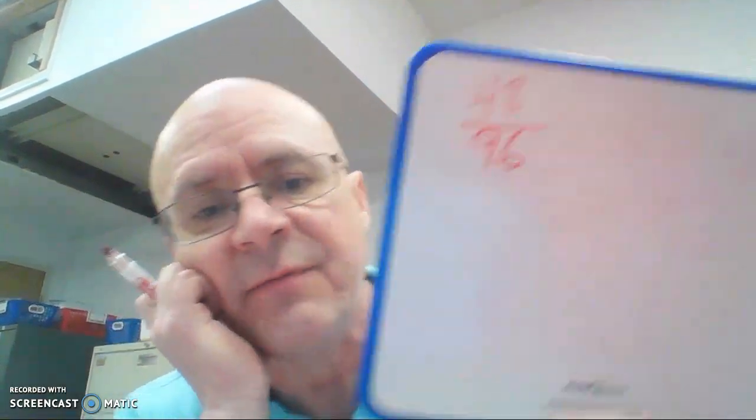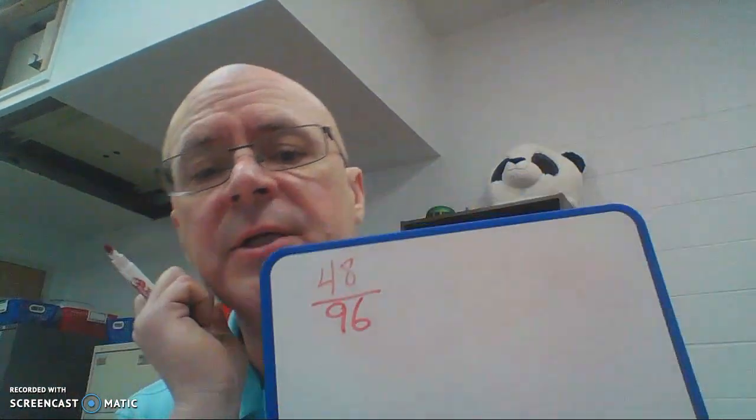Yes, let's try this. I may have done that one yesterday. Let's see. Let's do a tricky one: 48 over 96. Now what I have to do is run through a few things. There's a bunch of ways to do this.